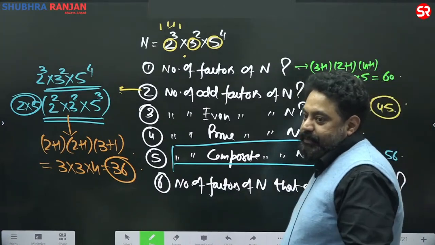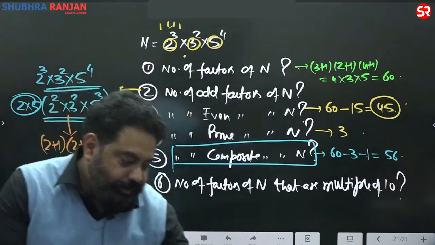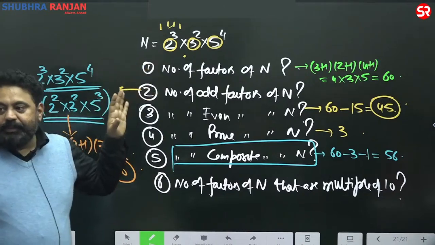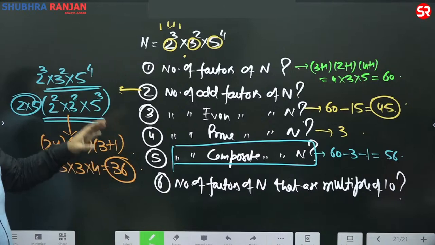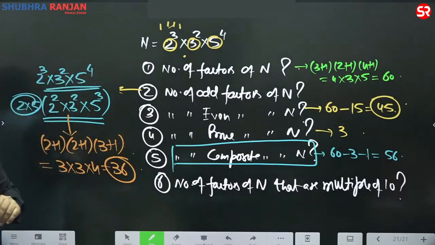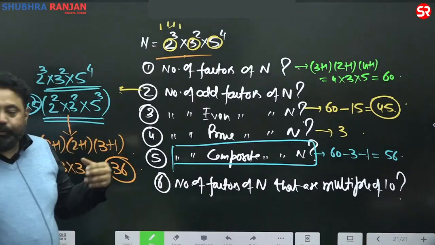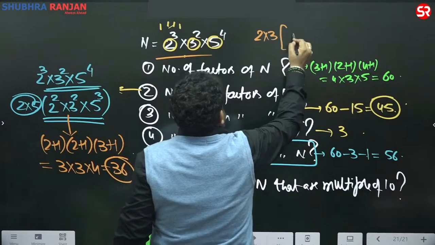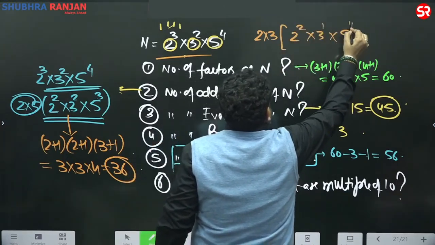Yes, see, for example, I say find the number of factors of this number that are multiples of 6. So you take 2 common here, you take 3 common, so what is left? 2 to the power 2, 3 to the power 1, 5 to the power 4.